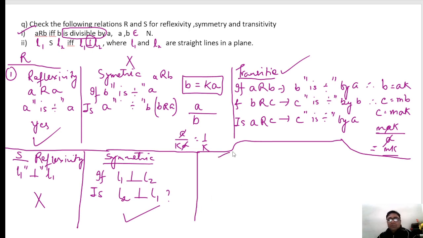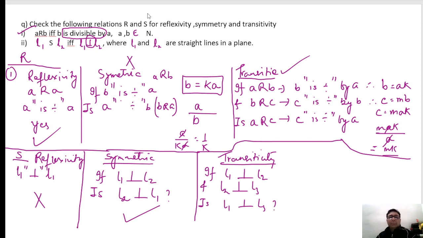Next, test the transitivity. L1 is perpendicular to L2 and L2 is perpendicular to L3. Is L1 perpendicular to L3? This we have to check. So for example, see here, let me show you.